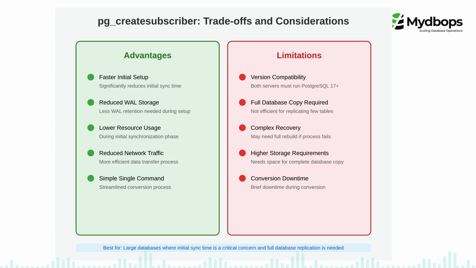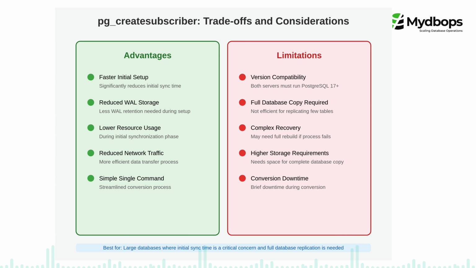In those cases, the traditional logical replication setup is still more efficient, because you can specifically choose the tables that you want to replicate. So it's about using the right tool for the job.